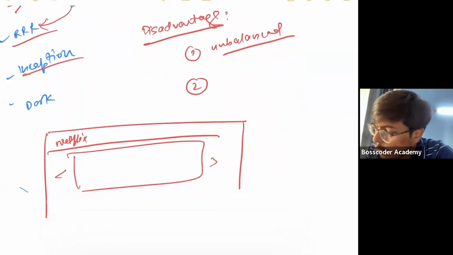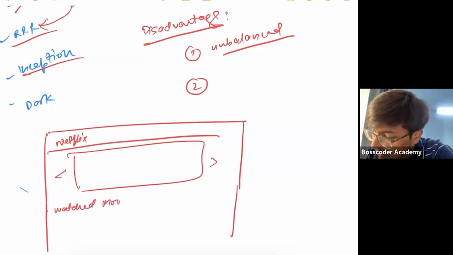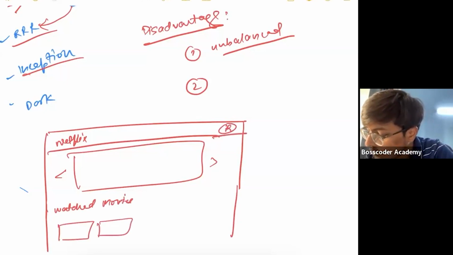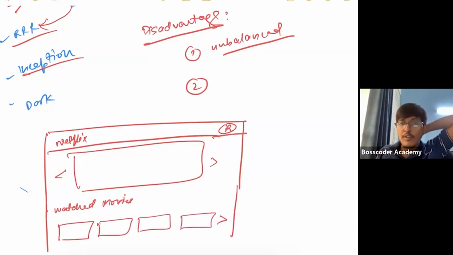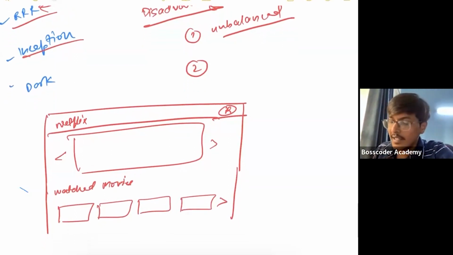Let's say I am just talking about my watched movies. This is Rajat's profile. And here are all the movies that I have watched. Tell me, getting these watched movies will be slow or very slow or fast? Getting this list of movies that I have watched.